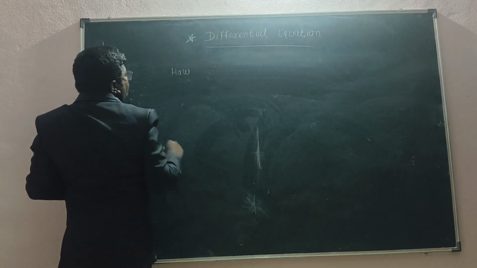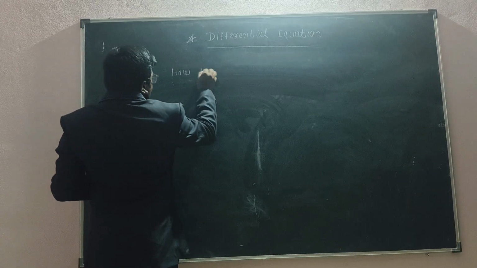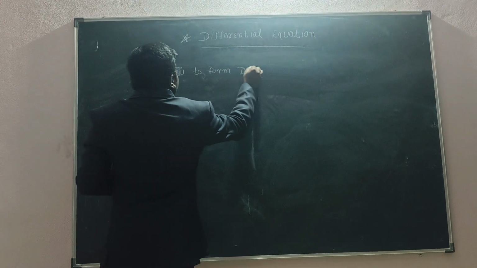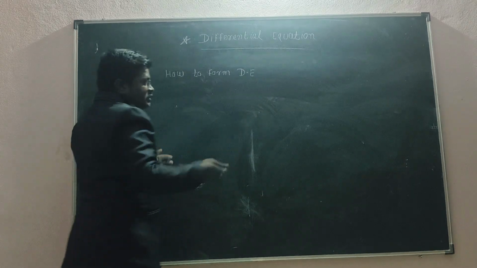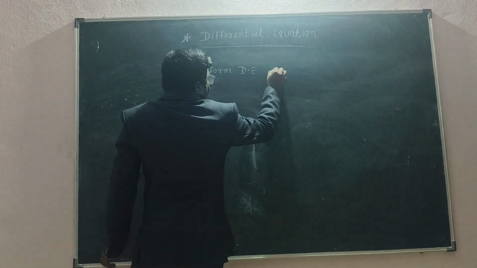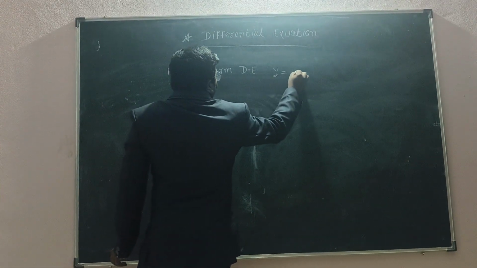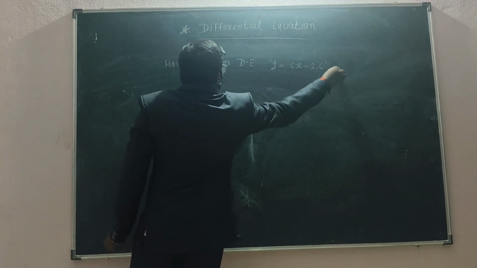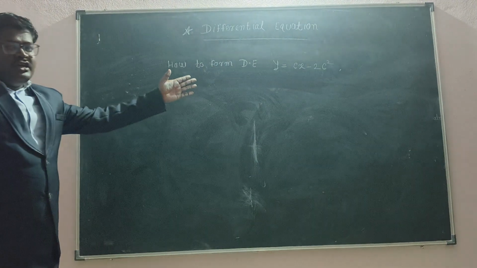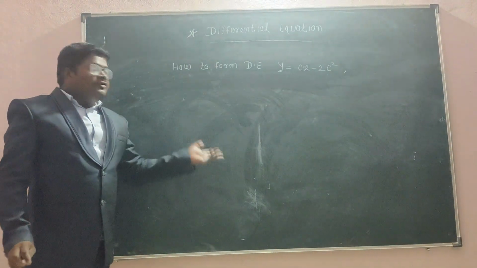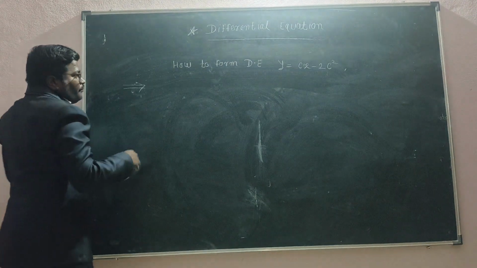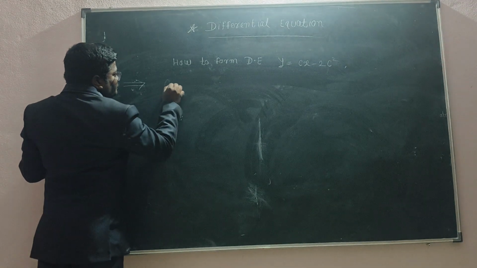Now next, how to form a differential equation from a general equation. The general equation is y is equal to cx minus 2c square. This is just an example. Now from this general equation we form a differential equation.